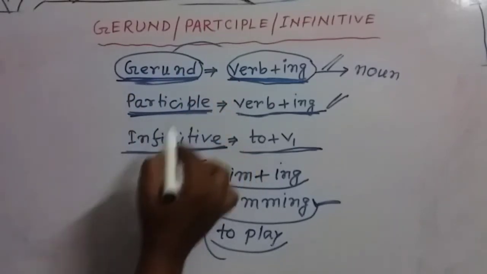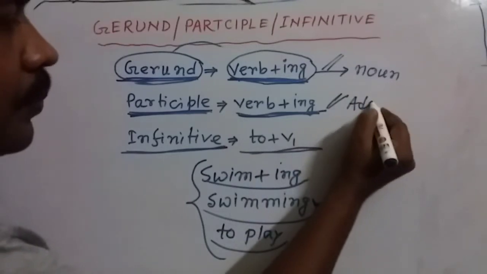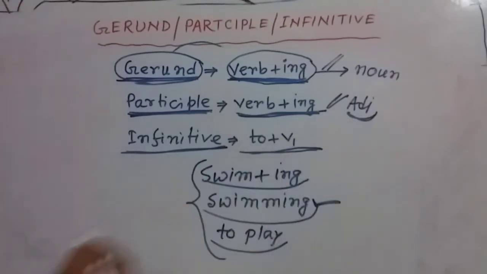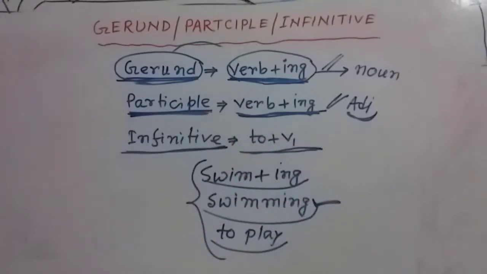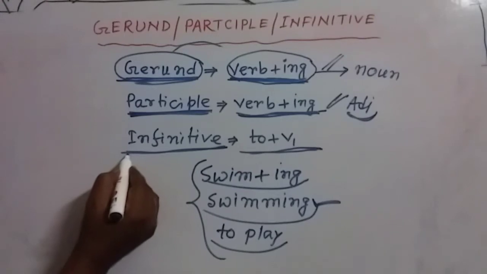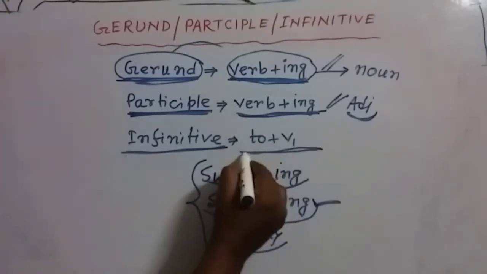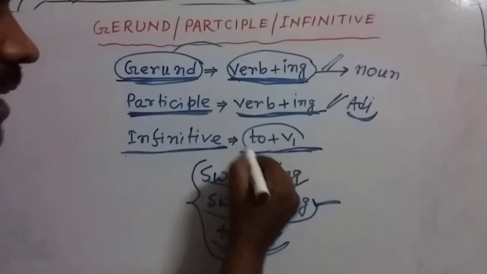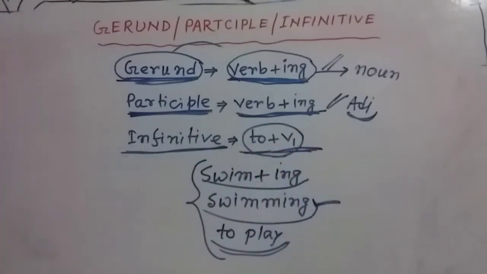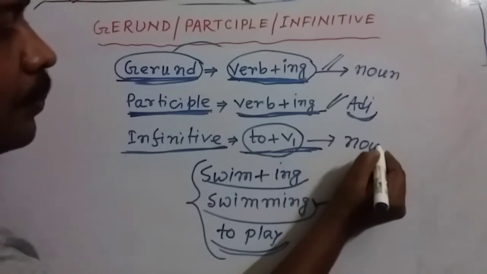If this term is used as an adjective, it will be called a participle. And again, infinitive is to plus V1, that means present form of verb, just like to play, and it will not act as a verb in the sentence, rather it will act as a noun in the sentence.